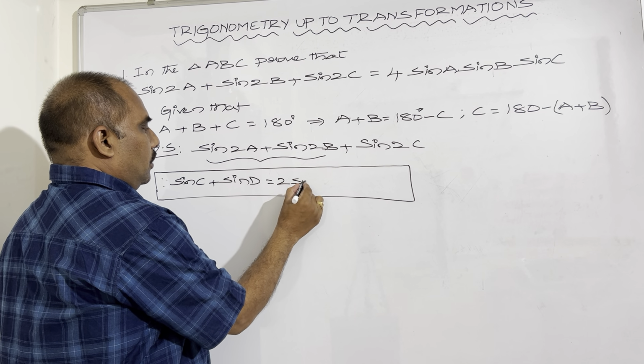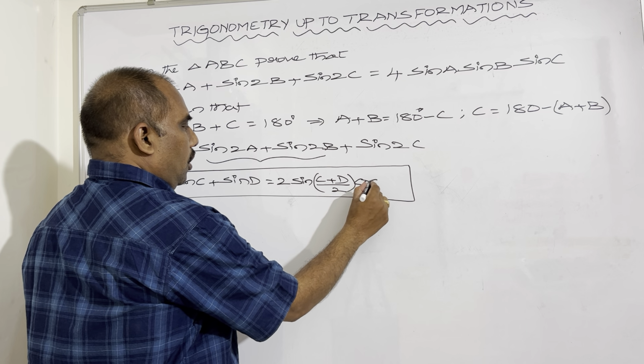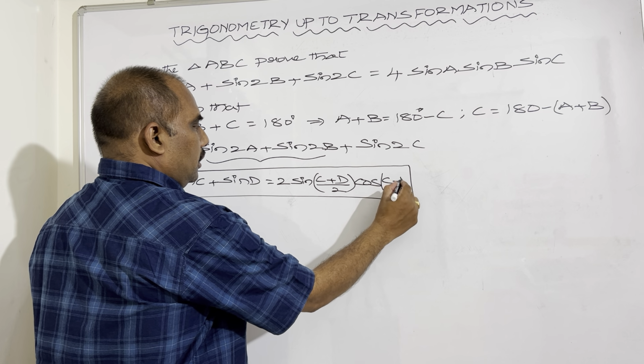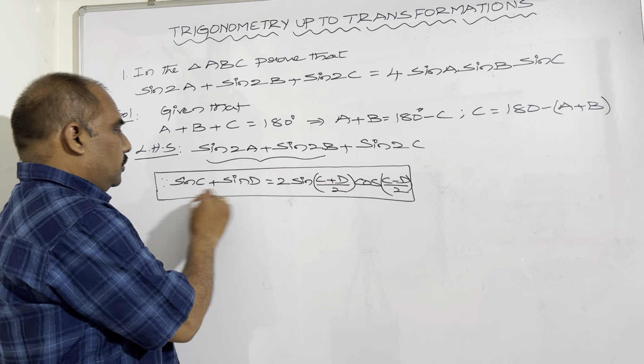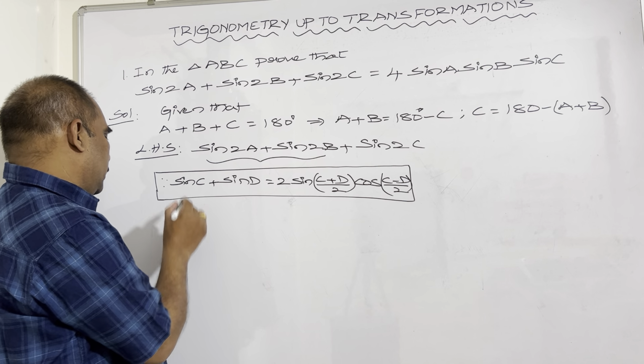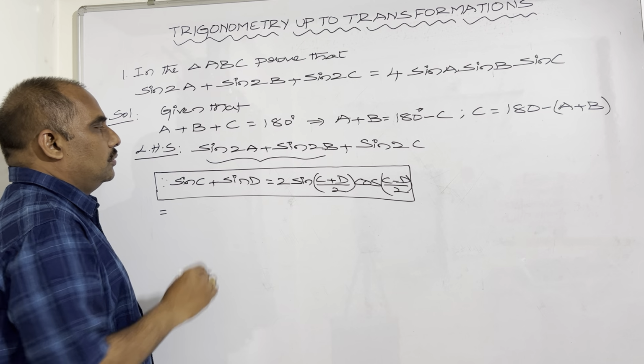We have the formula 2 sin((C + D)/2) cos((C - D)/2).